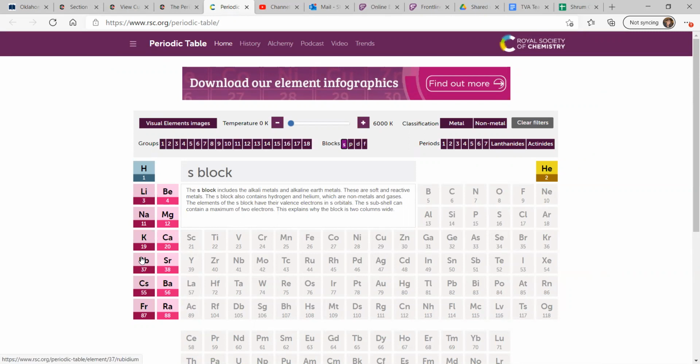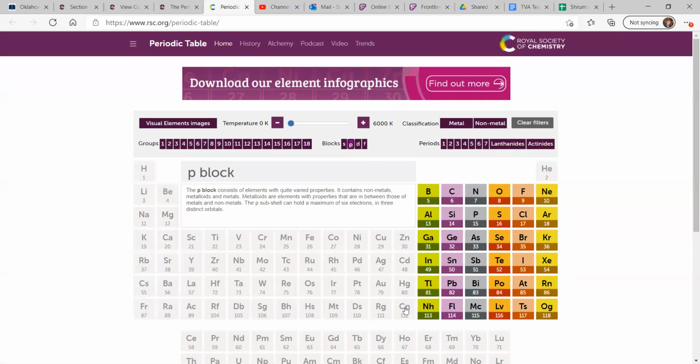The elements of the S block have their valence electrons in S orbitals, and it can contain a maximum of 2 electrons in the valence shell. That explains why the block is 2 columns wide. So you only get 1, 2, and then helium's just along for the ride.